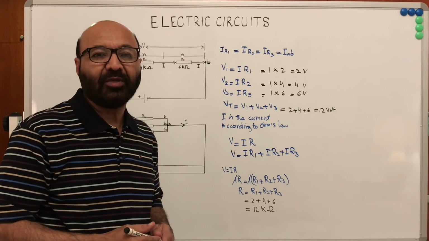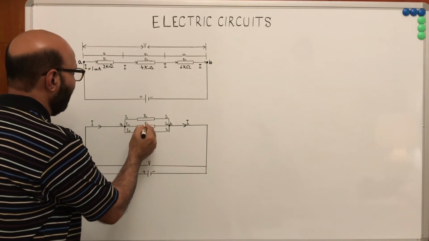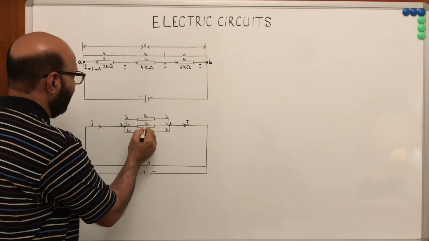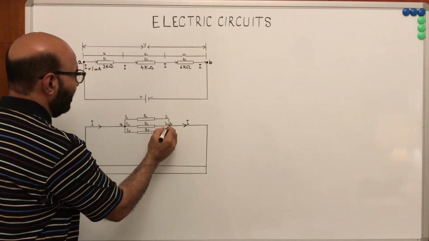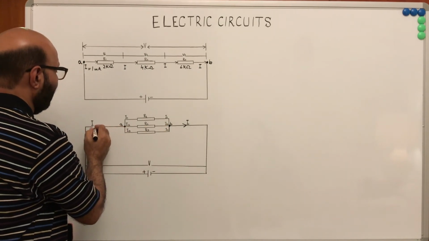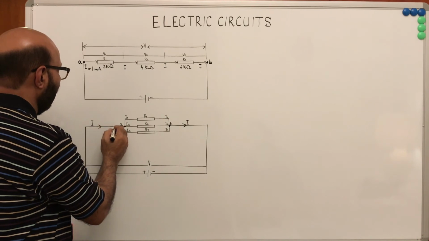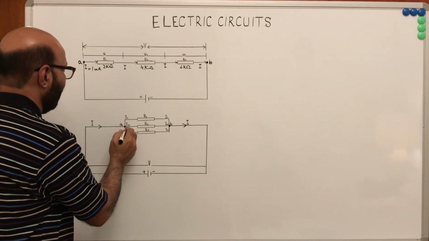Resistors are said to be connected in parallel if two or more resistors are connected side by side across two points A and B. The current in a parallel circuit at point A has three paths to flow.